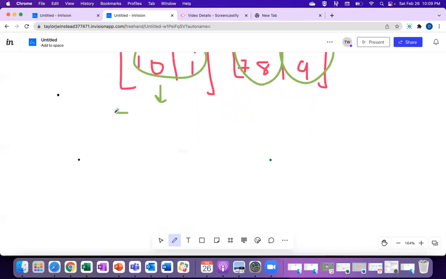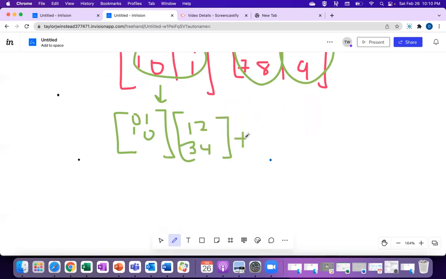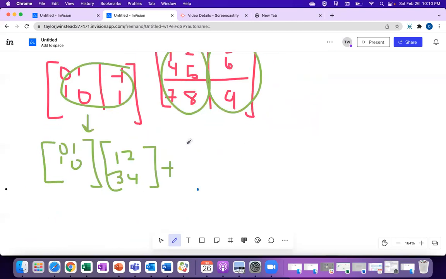So we would have 0, 1, 1, 0 times 1, 2, 3, 4. And because it's the dot product, we would of course add negative 1, 1 times 7, 8.